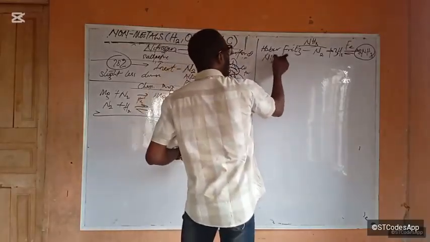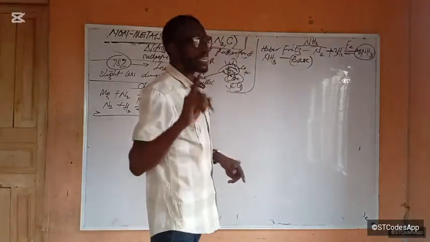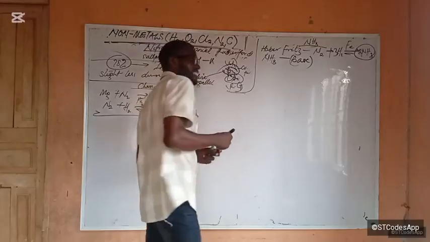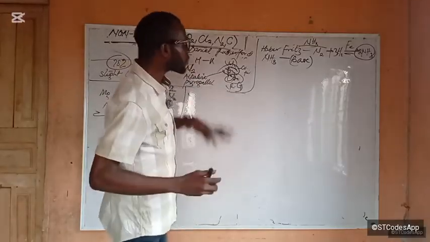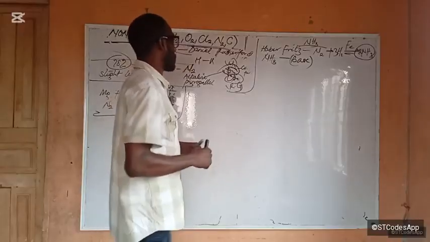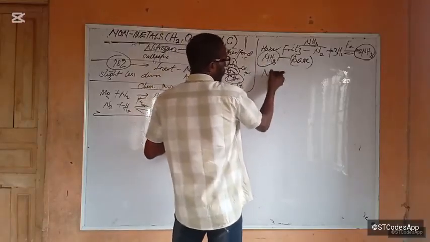Ammonia has basic property. Ammonia is a base. Don't forget, ammonia is a base. Right? Then what is again? Ammonia has reducing property. Because of course you see this, so it has reducing property.